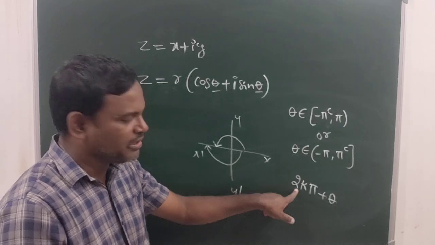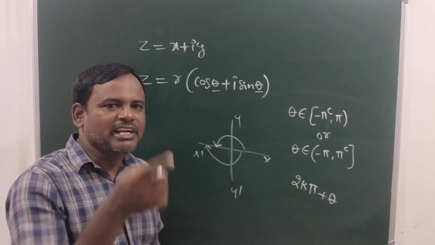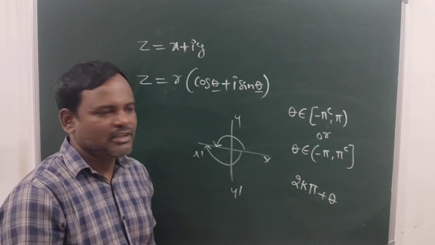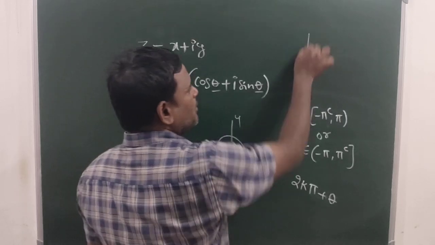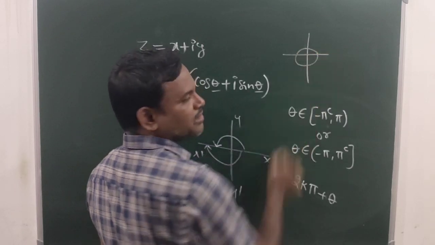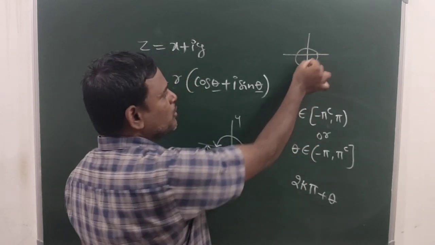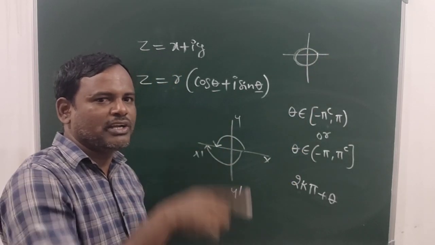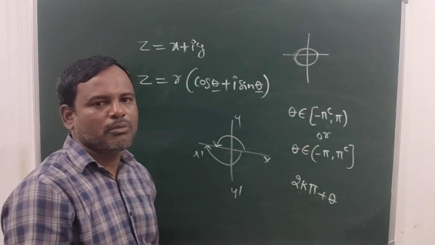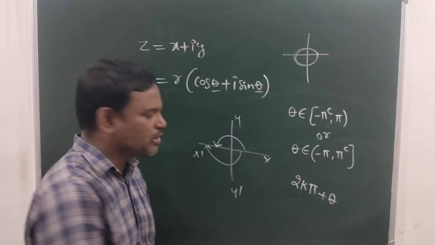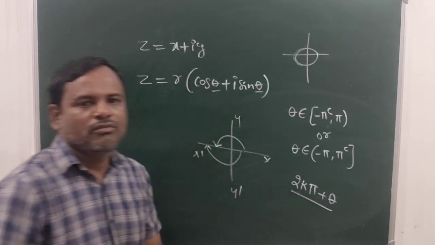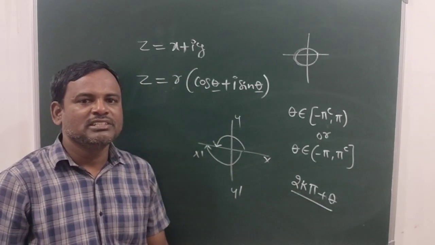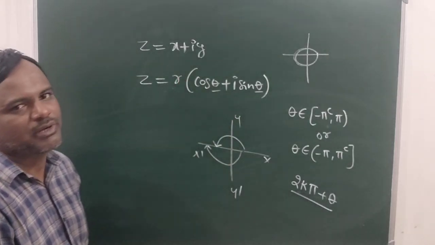You know 2k pi represents standard form of complete angle. If you write k equal to 1, you get one complete rotation. If you write k equal to 2, you get two rotations. Like that, if you keep on rotating, you will get more number of solutions. Okay, students, what do you have to call this? General amplitude of this complex number.